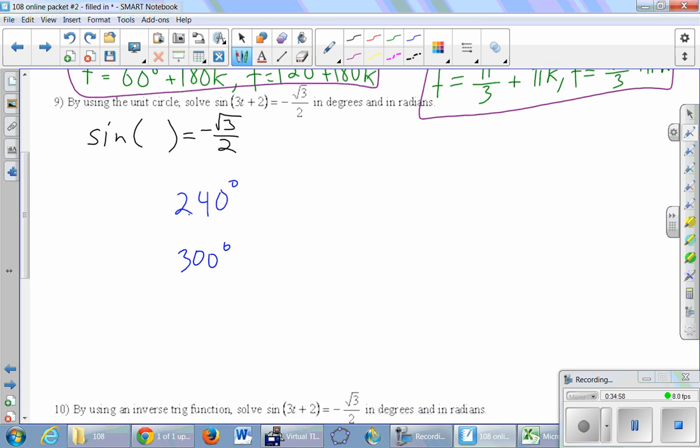In the radian versions of things, 4 pi over 3 and 5 pi over 3. Okay, so these numbers are floating at the moment. Normally, this is just t equals. In the last problem, it was 2t equals. In this problem, it's 3t plus 2 equals. So we need to copy that a bunch of times in front of each of these.